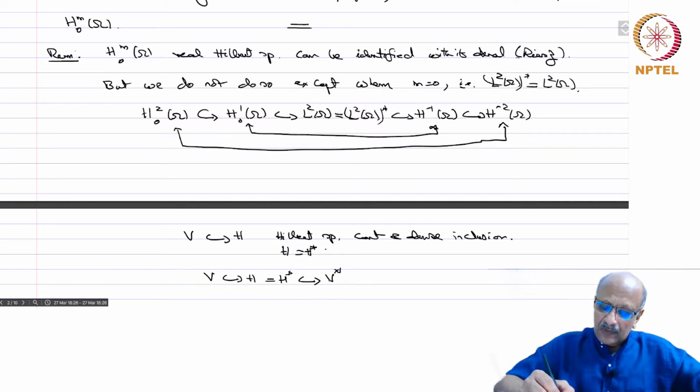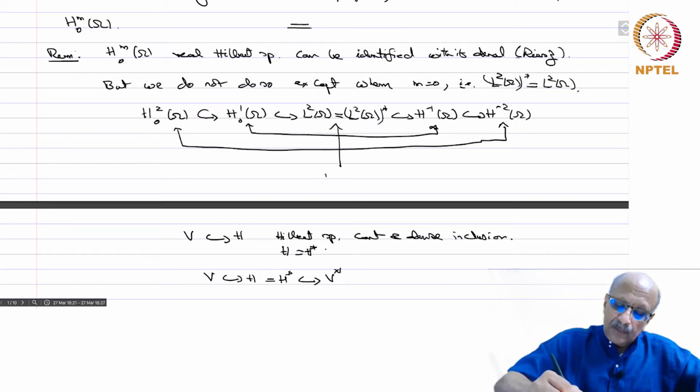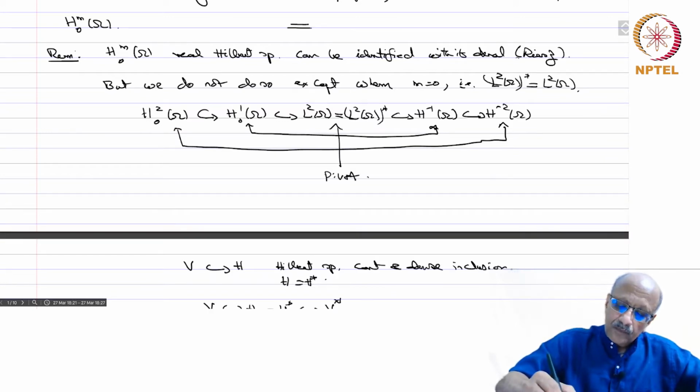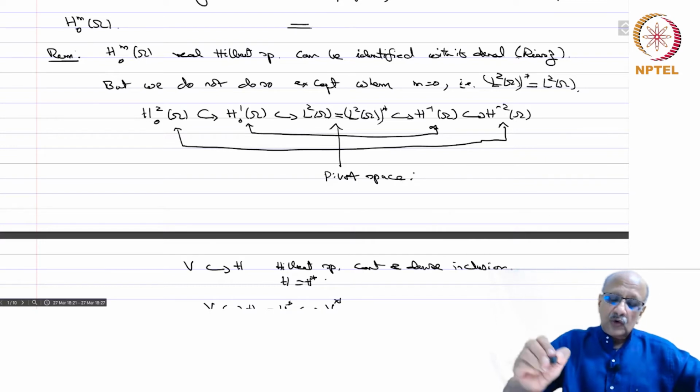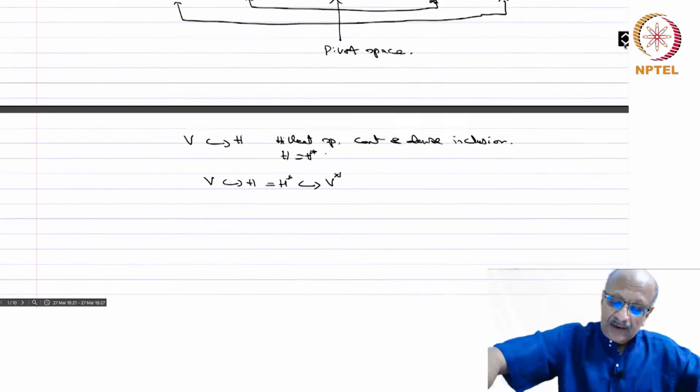Now it is obvious why we do not want to simultaneously identify V with V star, because then all of them will become equal, which is absurd, and therefore we always keep them separate. So when you have a tower of Hilbert spaces, you have one space which is called the pivot space, which is identified with its own dual, and all other duals are separated, and because of the continuous and dense inclusions, you have the inclusions in the opposite direction.